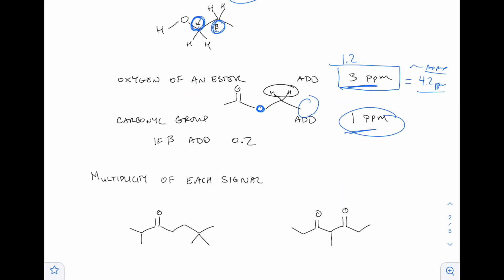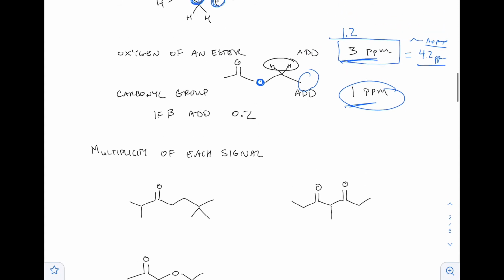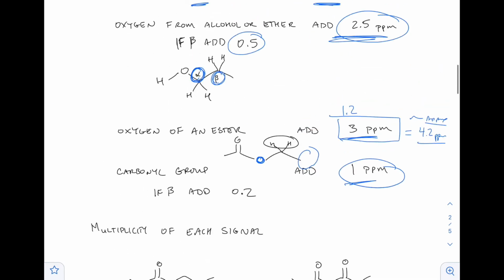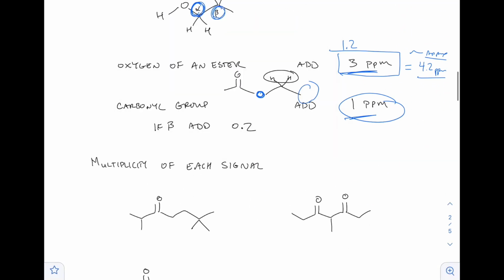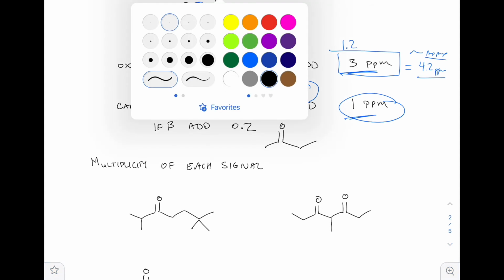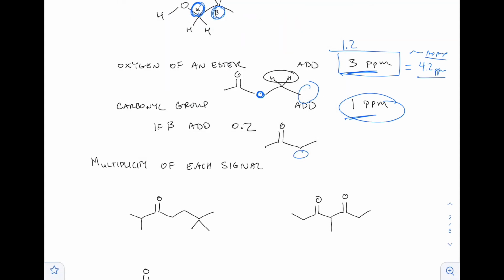And then if it's just a regular carbonyl group, like a ketone or something, let's say something like this, then we're talking add 1 ppm for there, or maybe add 0.2 for there, right? The alpha and the beta position. So hopefully that helps.